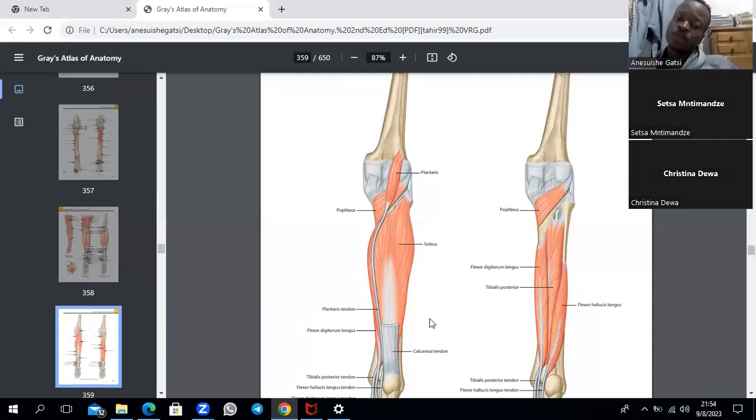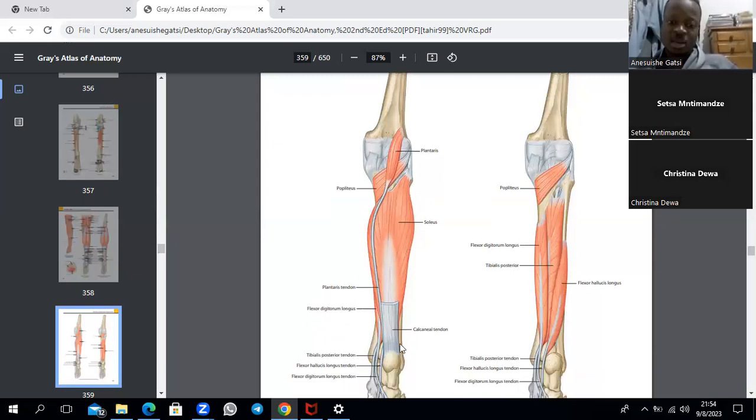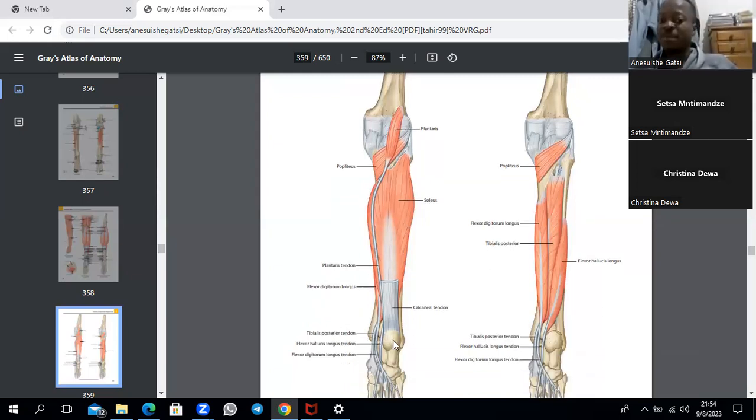So this soleus and the gastrocnemius, they have the same tendon here, which inserts on a bone called the calcaneum. The calcaneum is the bone that forms the prominence of the heel. It's the largest of the small tarsal bones on the foot.